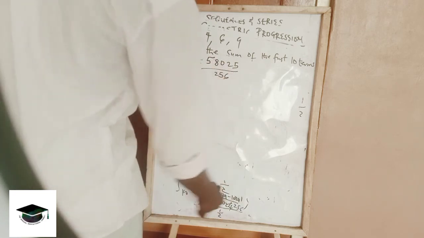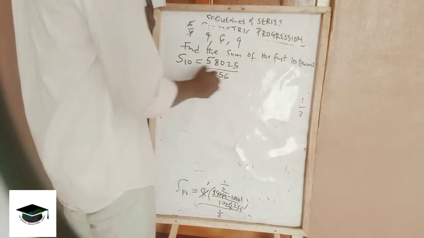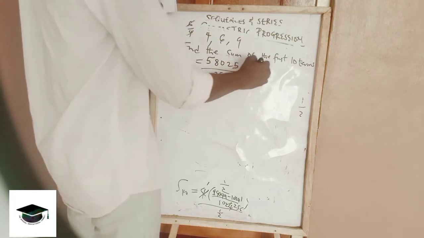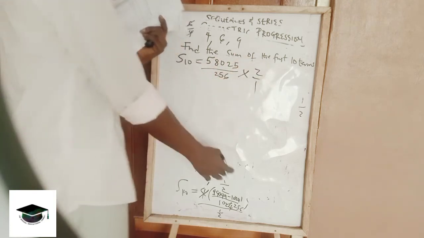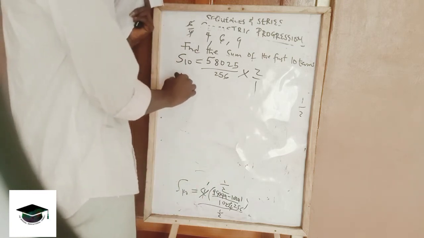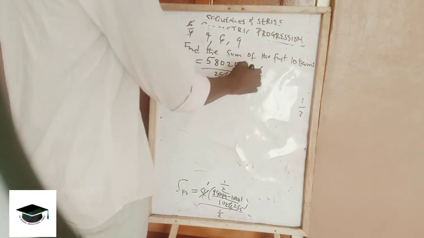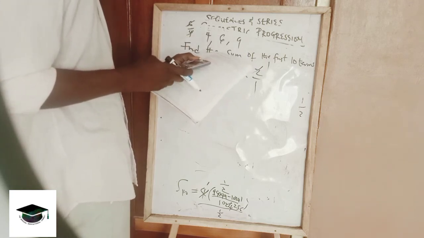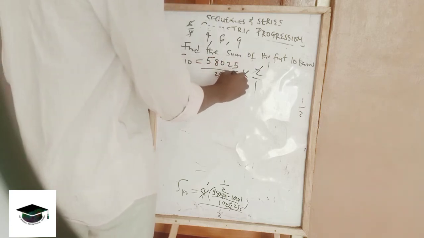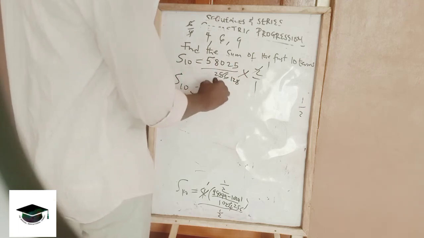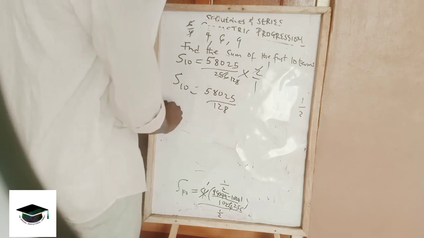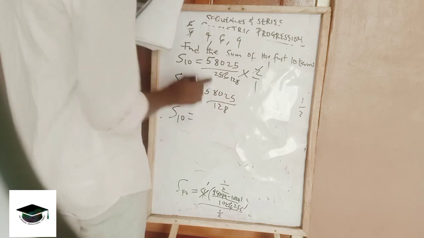Mind you, we cancelled, that's why. Then over 1 over 2. And if you want to remove that, instead of 1 over 2 it's times 2 over 1. So that's going to be S10 equals, here 2 into 256 gives 128, right? So that means 58025 divided by 128 is going to be the final answer for the sum now.